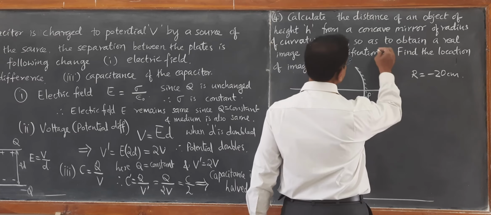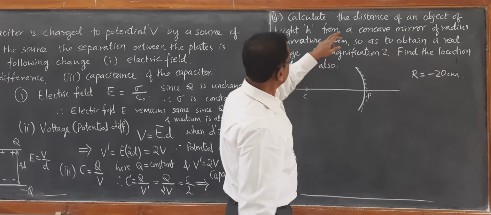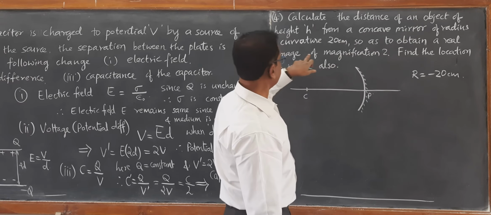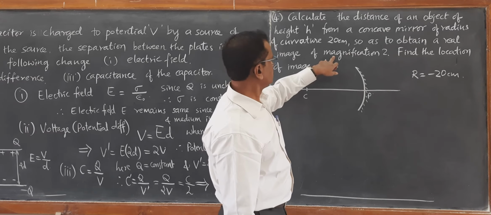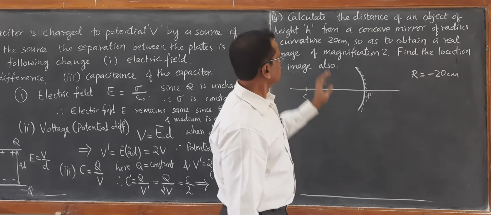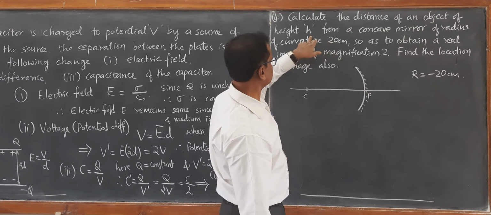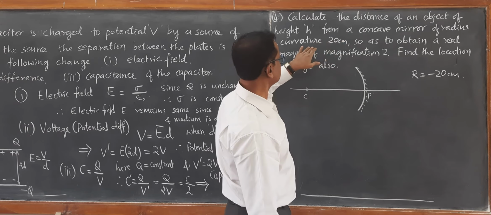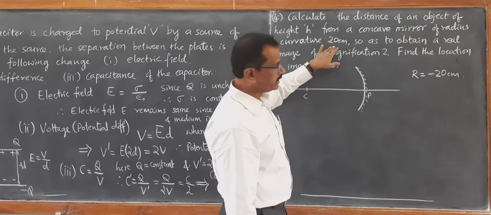Now the second thing is, so as to obtain a real image of magnification 2, calculate the object distance from a concave mirror of radius of curvature 20 cm.